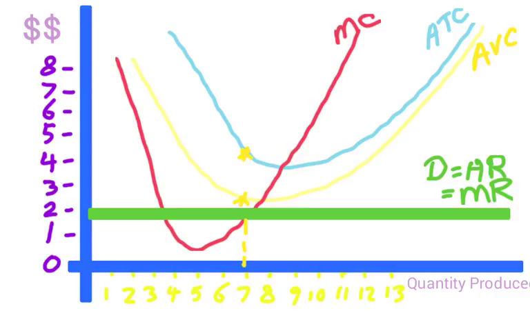And in the long run, it would just hope that either the price would increase because of better market conditions, maybe the economy would strengthen, or the firm would just have to lower its costs so that at least the average variable cost curve would be below the price, or in the long run, preferably the average total cost curve would be below the price so that the firm would be making a profit.